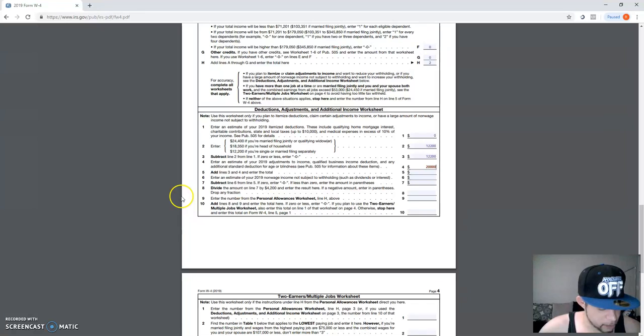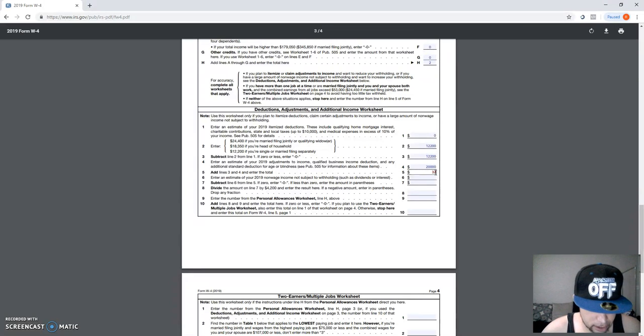Alright, so number 5, it says add lines 3 and 4 and enter the total. Alright, so 3 is 12,200, 4 is 20,000, which gives us 32,200.